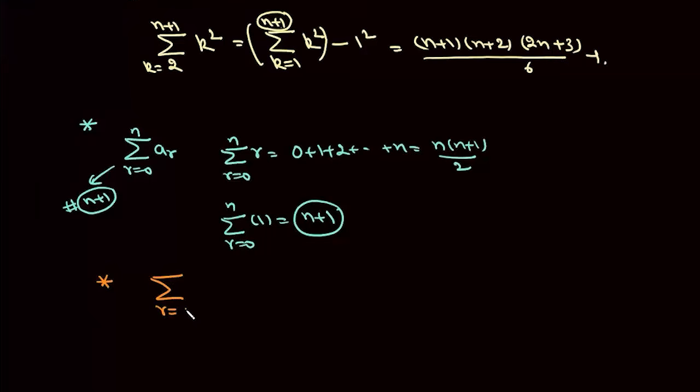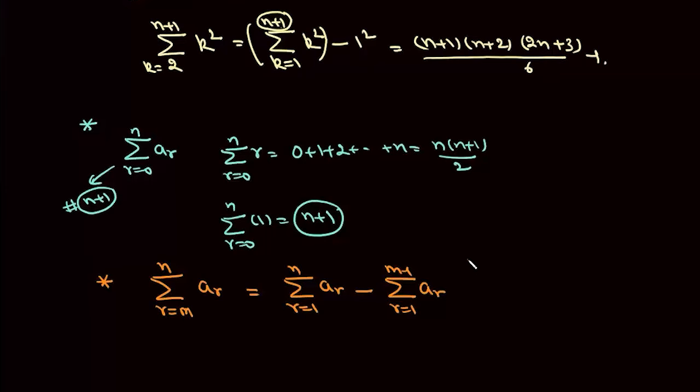Then we may have some questions where you'll be given this summation where the value of r starts from some random value, say from m to n, and this is a r. Now what we can do is write this as the summation r varies from 1 to n a r. That is, from 1 to n we have all the terms, and from this we'll subtract all the terms from 1 to m minus 1.